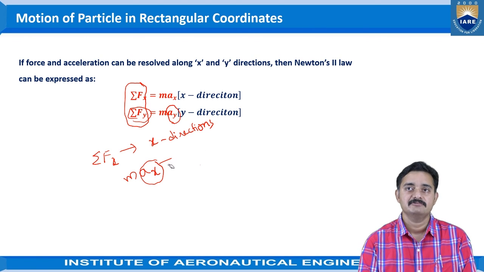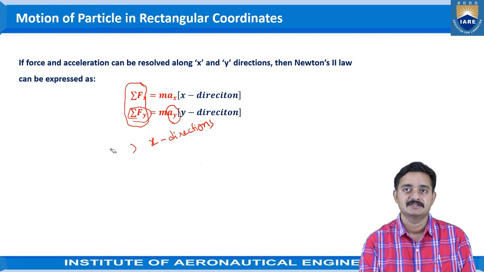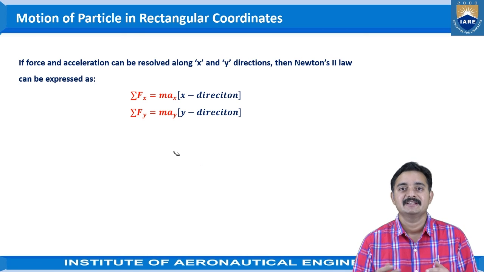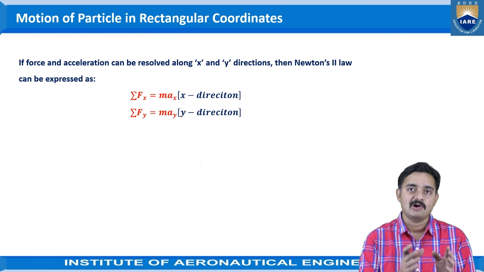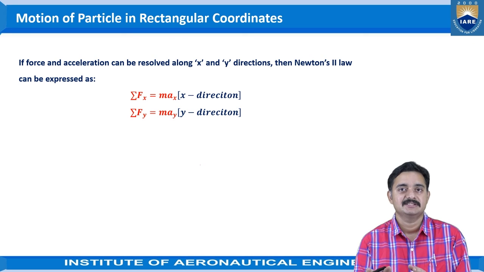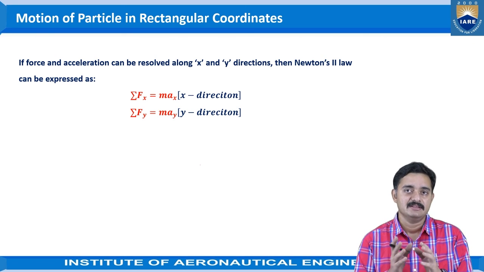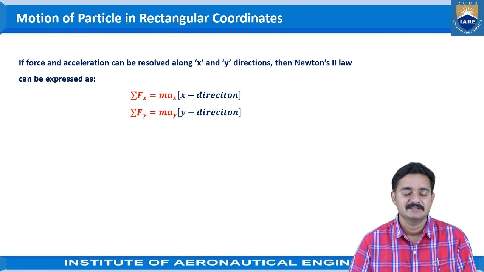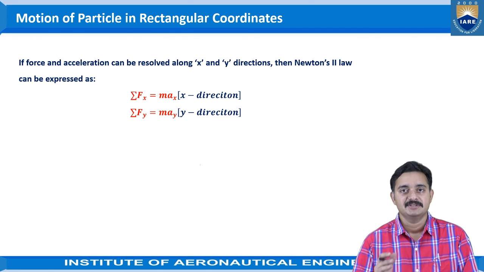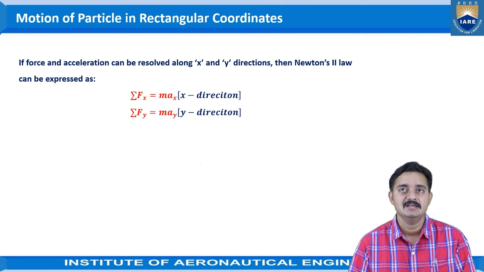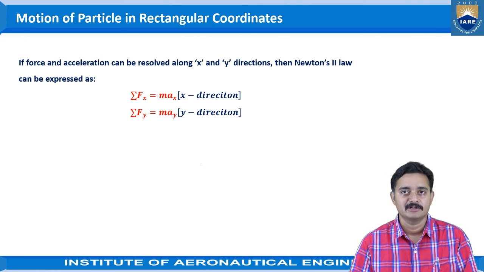As we know, acceleration is a vector quantity, that is, it is dependent on direction. All the forces acting in the x-axis direction will give accelerations in the x-axis direction, and all the forces acting in the y-axis direction will give accelerations in the y-axis direction. In this way we will be considering the motion of the particle in rectangular coordinates.